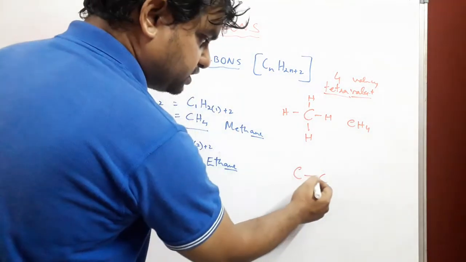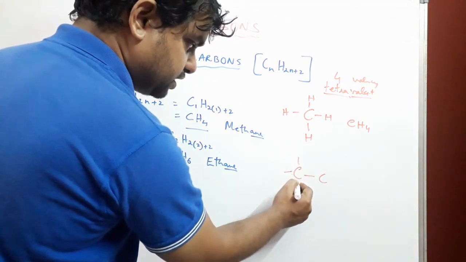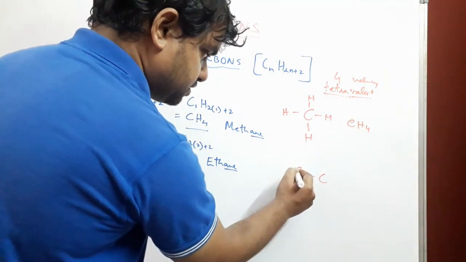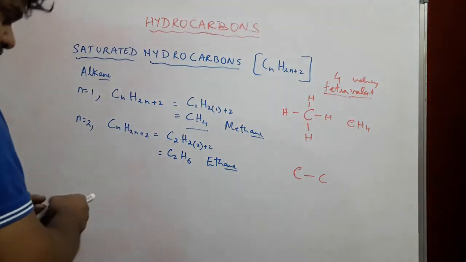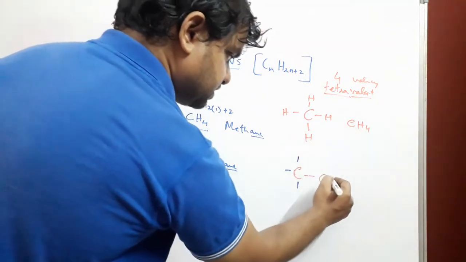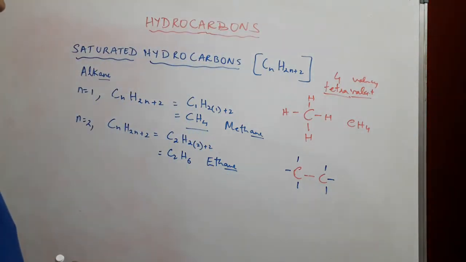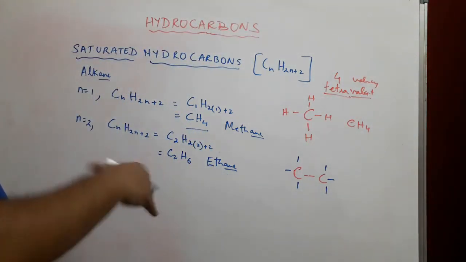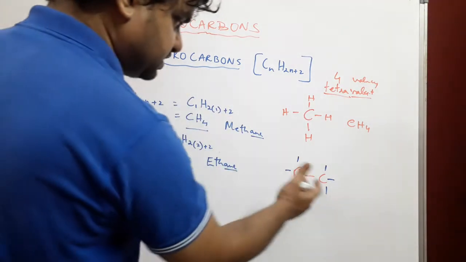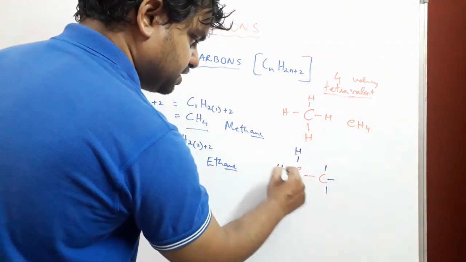One bond is formed over here, but 3 others need to be satisfied. So we have 1, 2 and 3. Similarly, this carbon will have 3 other electrons that need to combine with another element, in this case hydrogen atoms. So we will have hydrogen atoms coming here.